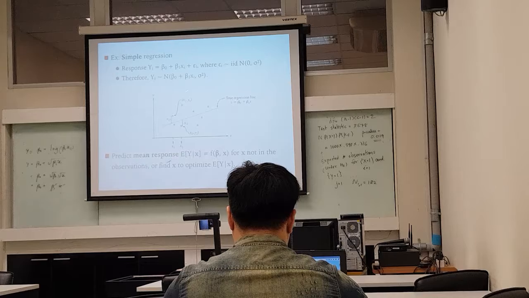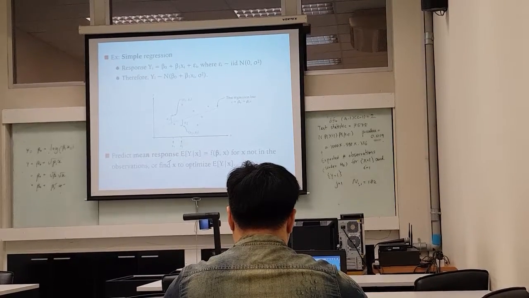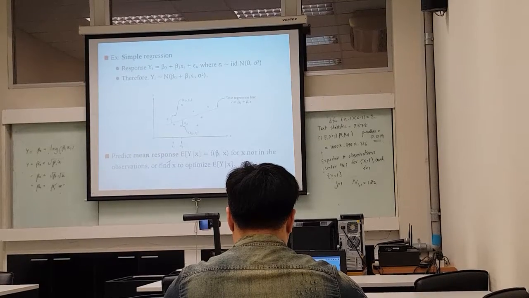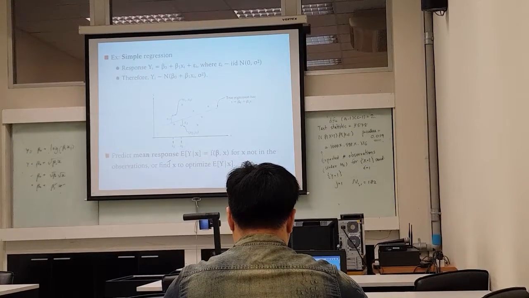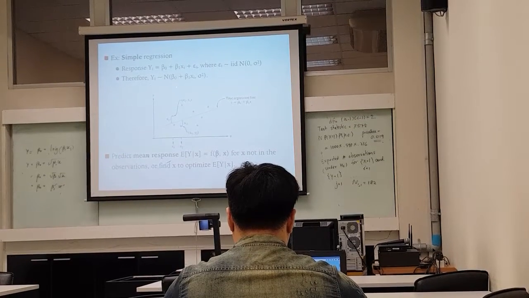So when you use the linear regression model for prediction, what you actually predict is the mean. Because when you plug in the value of x, you get beta 0 plus beta 1 x, which is the value on this line, the mean of y.